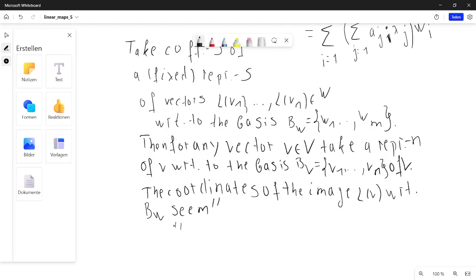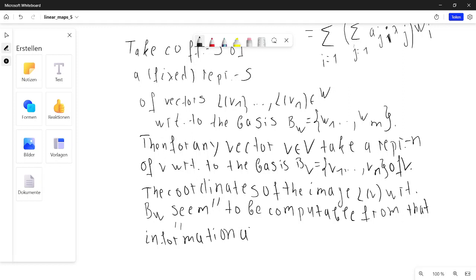But it seems that with respect to BW, the coordinates seem to be computable from that information alone, in the linear way above.